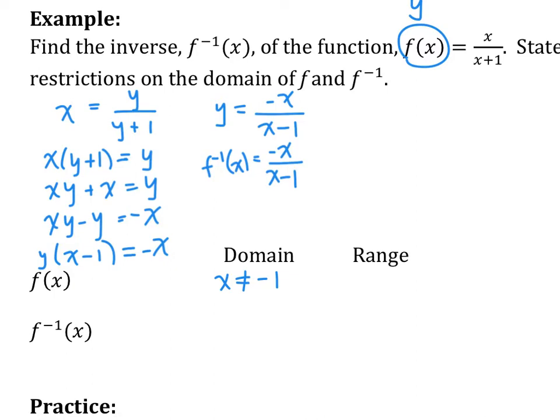Now range. You can find the range by graphing this and looking at it, or you can think about it. This is a rational function, x over x plus 1. So remember, a rational function usually has two things. One, a vertical asymptote, which is this number x equals negative 1, and a horizontal asymptote.